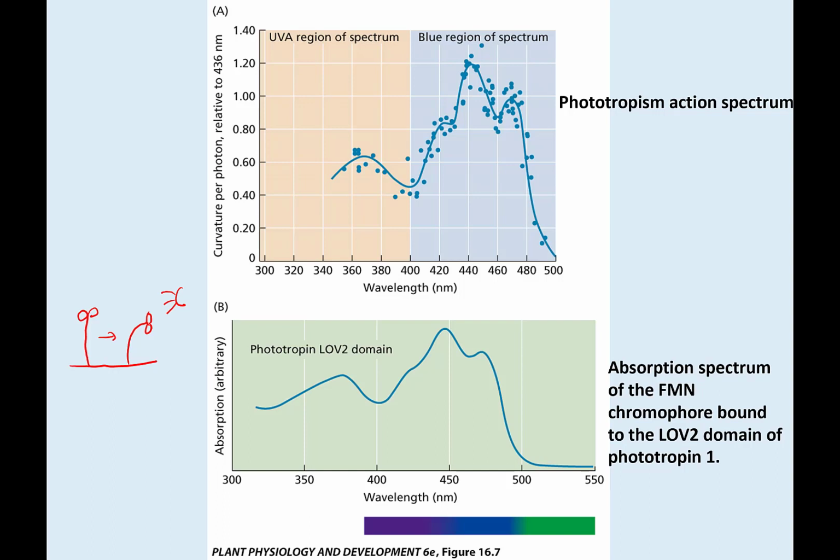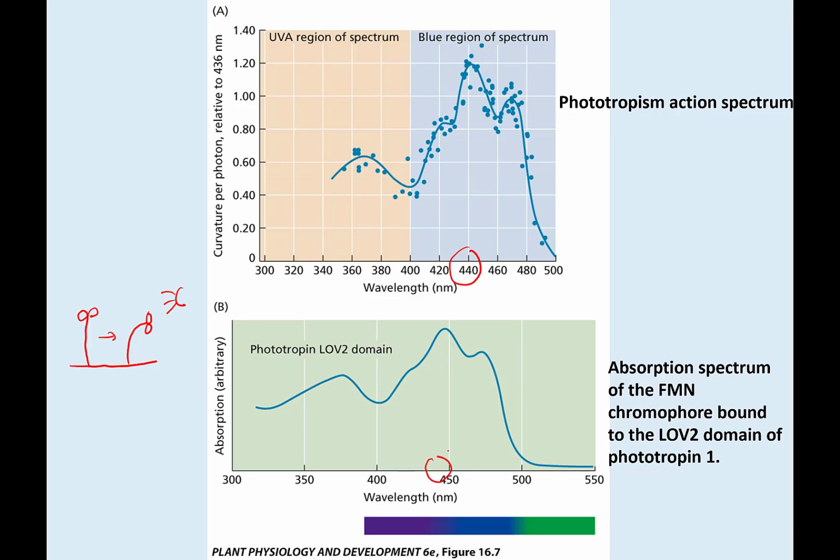And when they looked at an action spectrum, instead of just exposing it to sunlight or white light, looking at the different wavelengths of light, they found here in this experiment, they're looking at purple, blue, and green. They found the peak of the action spectrum was about 440, and that was really close to the peak for phototropin 1.